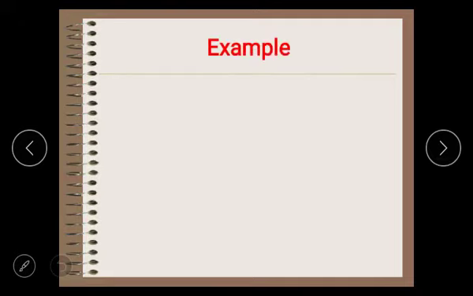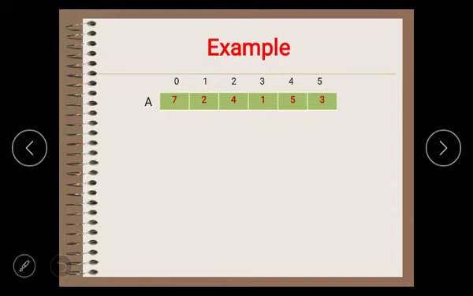Next we will see an example. Take an array with 6 elements, indexed from 0 to 5. We start the insertion sort algorithm by dividing the array into two parts: one is the sorted array and the other is the unsorted array.